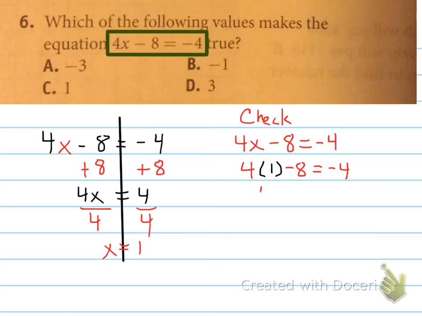Well, 4 times 1 is 4, minus 8 equals negative 4. 4 minus 8, negative 4. Oh, alright. We got it. Check. That's what we wanted. So my answer here is C.